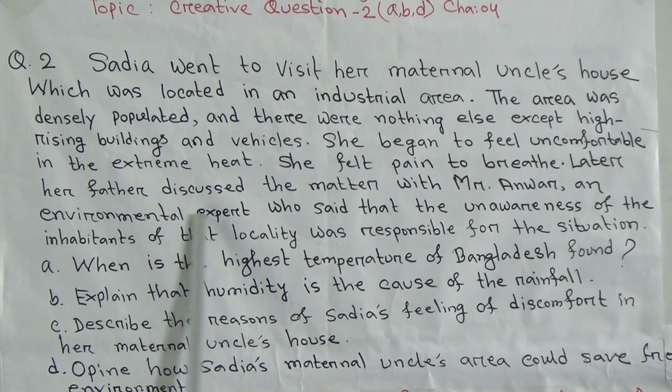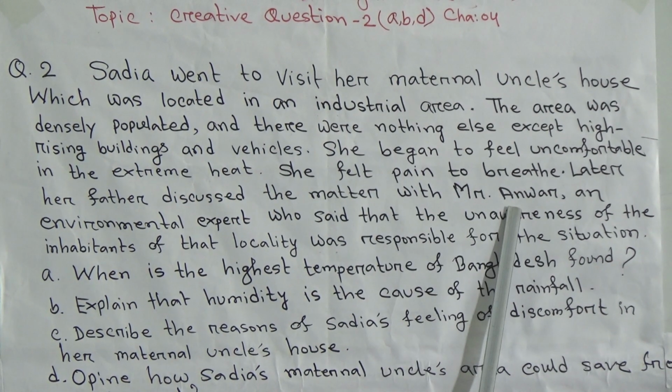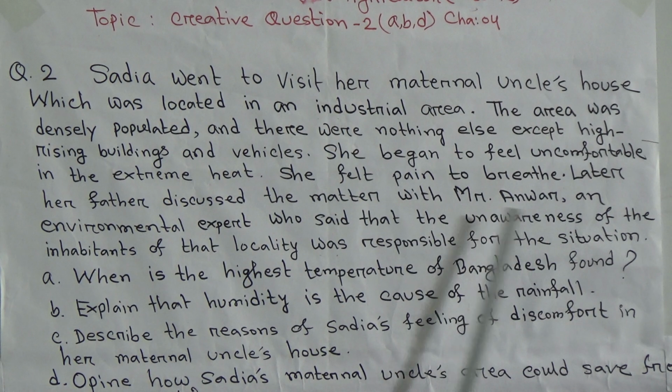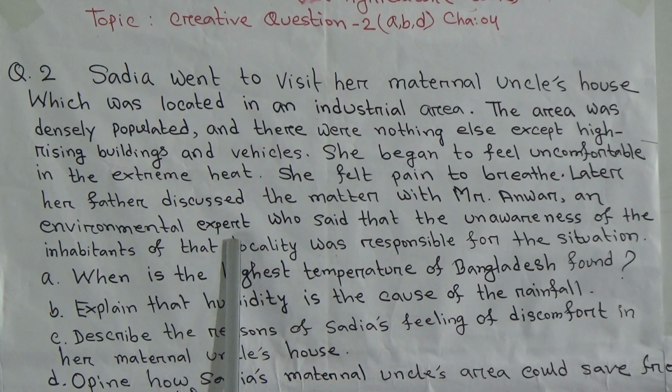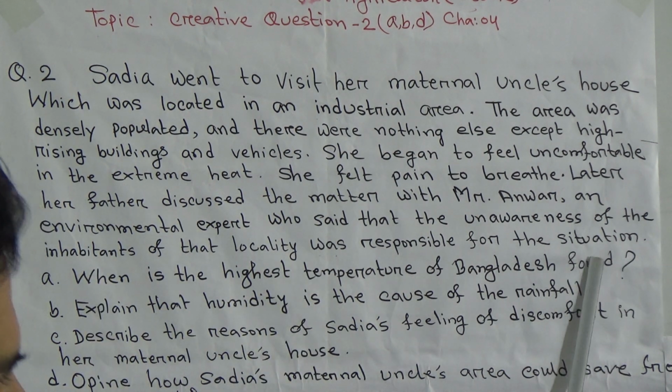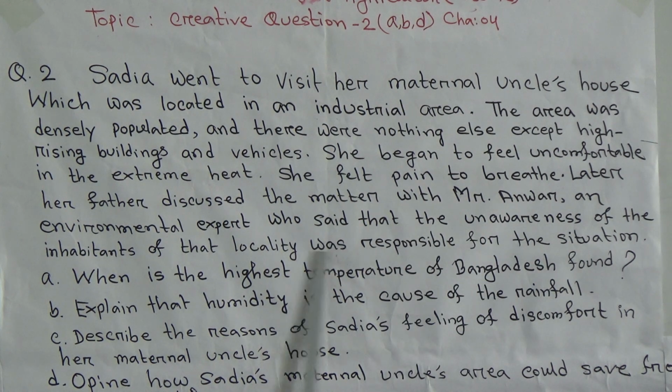Later, her father discussed the matter with Mr. Anwar, an environment expert. Who was Anwar? An environmental expert, who said that the unawareness of the inhabitants of that locality was responsible for the situation. It's very important information.